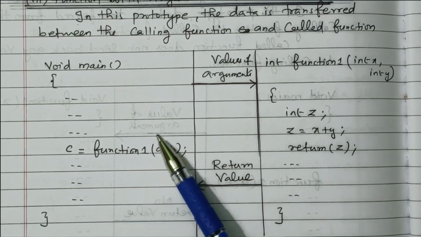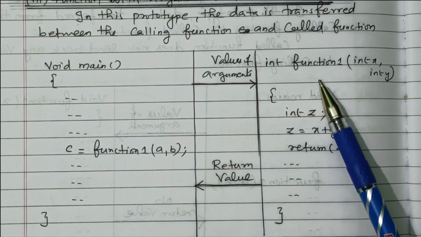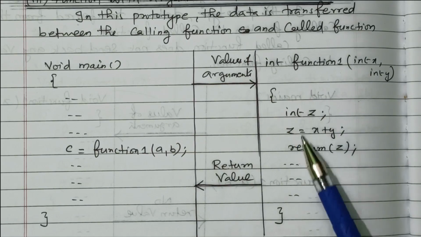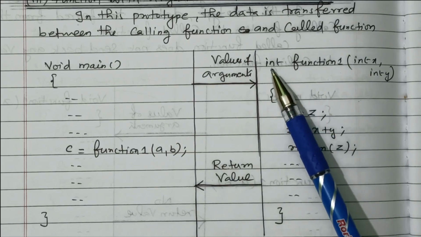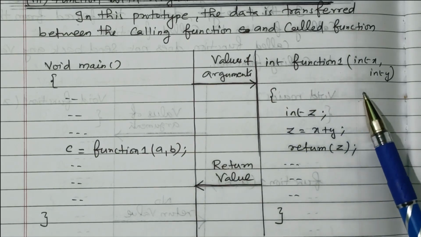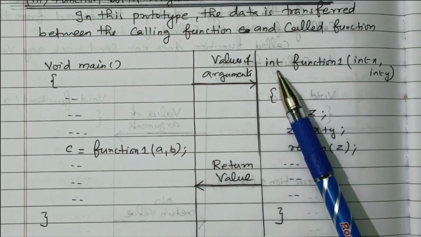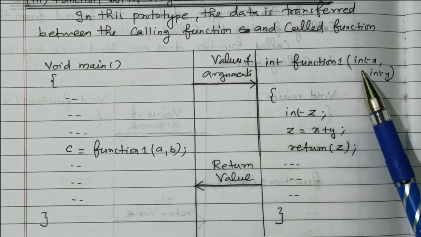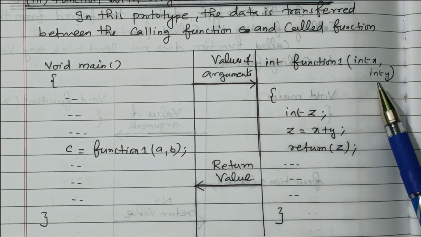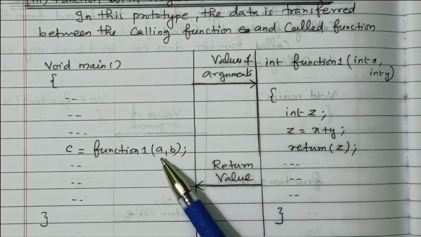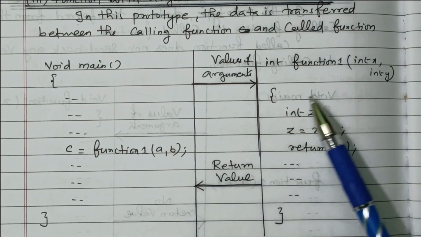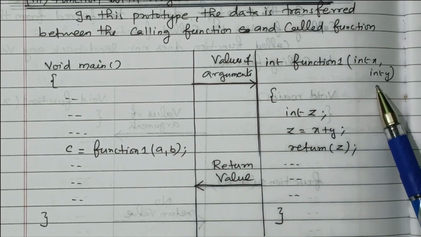While calling this function, the control will transfer to the function definition. This is called the function definition: int function1(int x, int y). This int indicates it will return integer type data. int x and int y mean two arguments. So A and B passed from the main program will be stored in x and y.